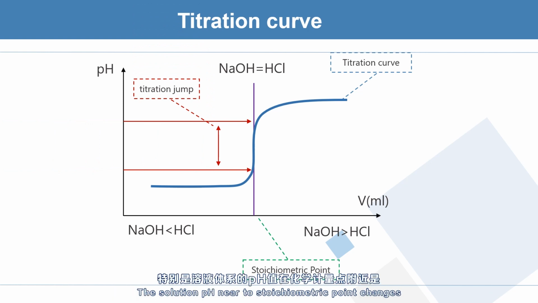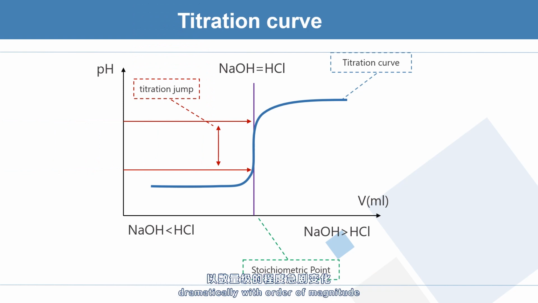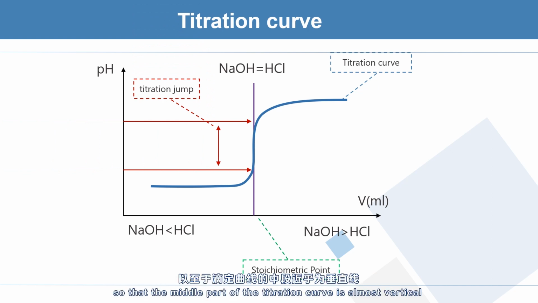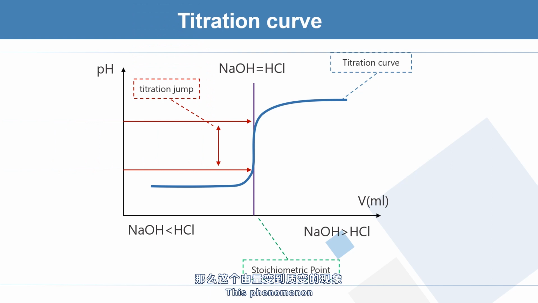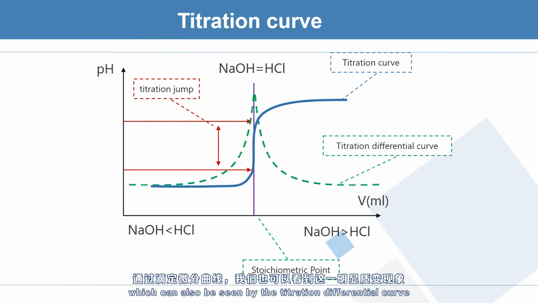The solution pH near the stoichiometric point changes dramatically, by orders of magnitude, so that the middle part of the titration curve is almost vertical. This phenomenon is called titration jump, which can also be seen in the titration differential curve.